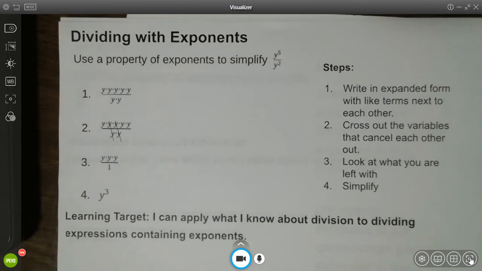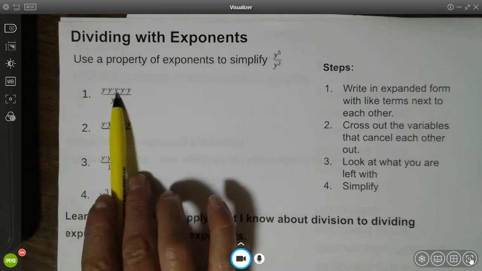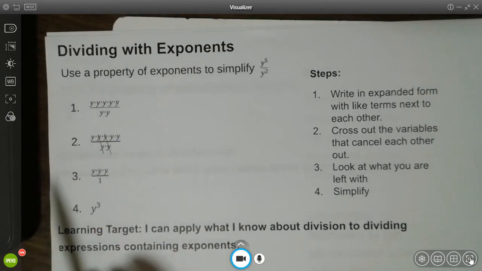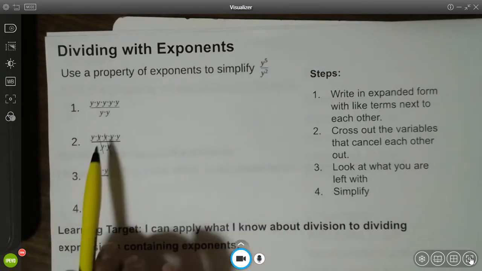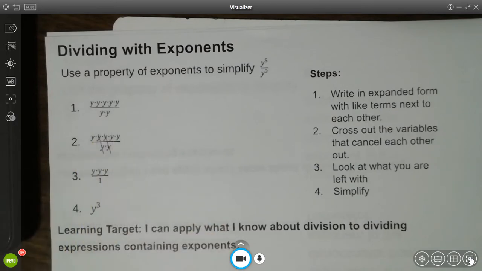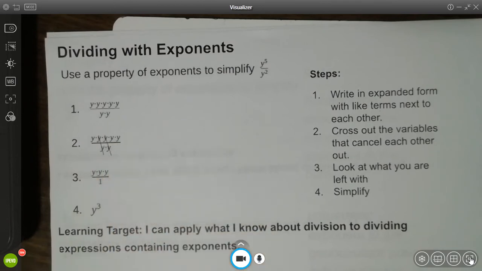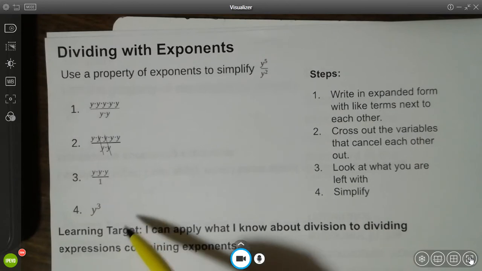So when I write this in expanded form, y to the fifth means I line up 5 y's and multiply them. Y squared, or y to the second, I have 2 y's in my denominator. Now I can cross out the variables that cancel each other out. So those can go and those can go. I'm left with 3 y's over 1 equals y to the third.